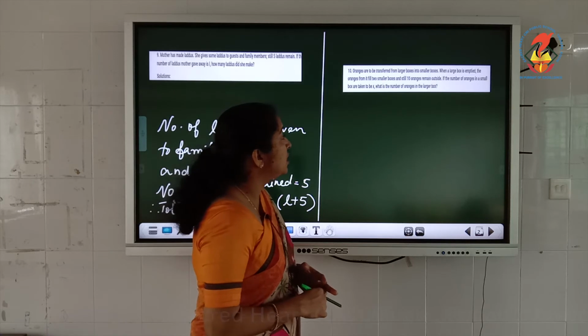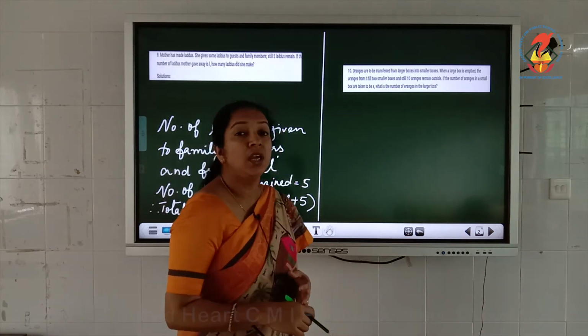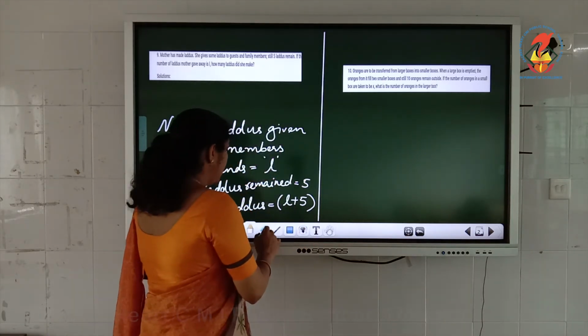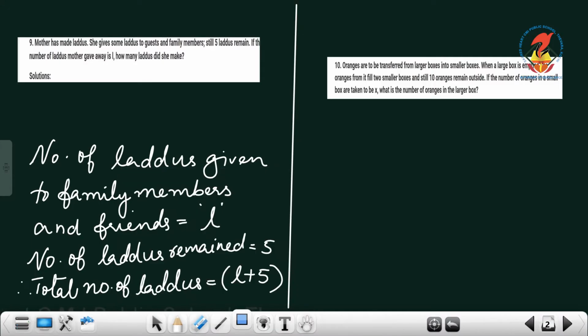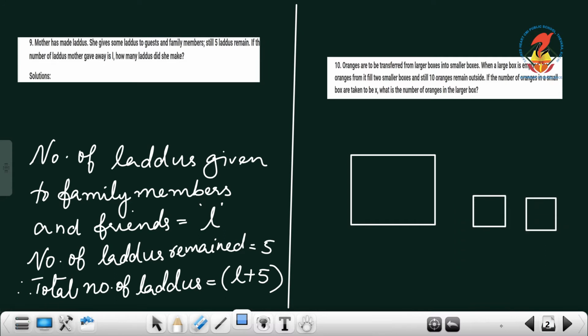Oranges are to be transferred from larger boxes into smaller boxes. From a larger box to 2 smaller boxes. So, oranges are transferred from larger box to the smaller boxes and still 10 oranges remain.